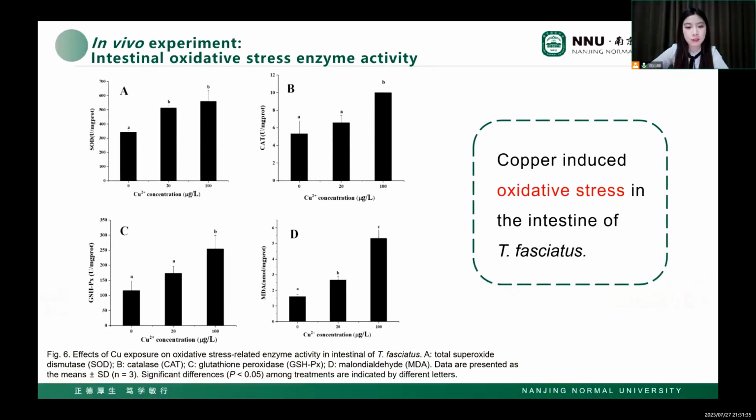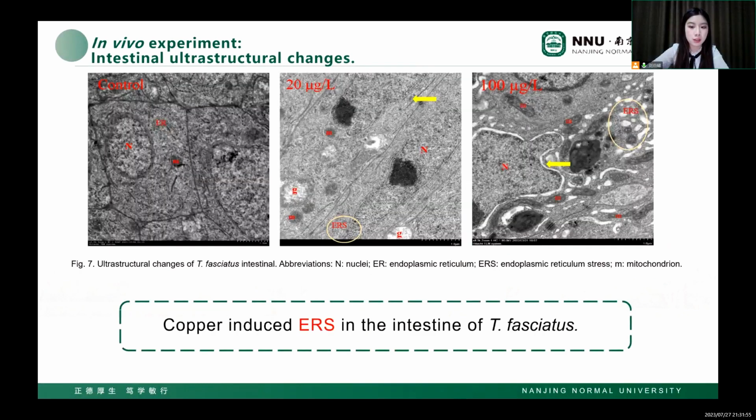As shown in figure 6, the activities of SOD, CAT, GSH-Px and MDA increased significantly with increasing copper concentration, indicating that copper induced oxidative stress in the intestine of T. fasciatus.